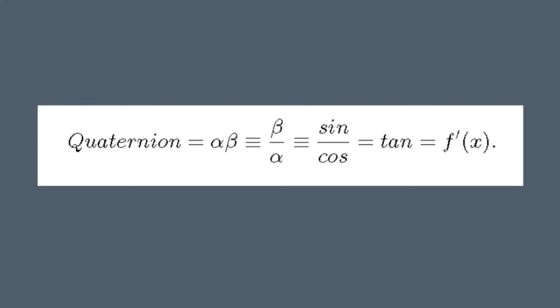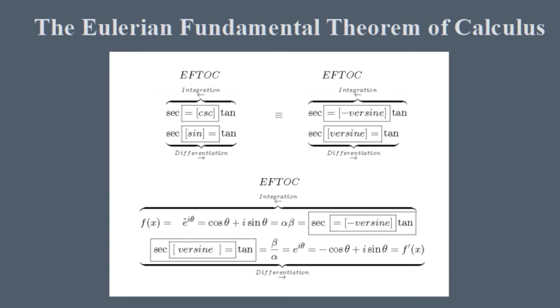Therefore, quaternion is equal to alpha beta, which is equivalent to beta over alpha, which is equivalent to sine over the cosine, which equals the tangent, which equals f prime of x. Alternatively, it may be stated that Quick is a form of calculus that employs Euler's formula as the foundation of integration and differentiation. Therefore, we obtain the following mathematical distillation of Quick.